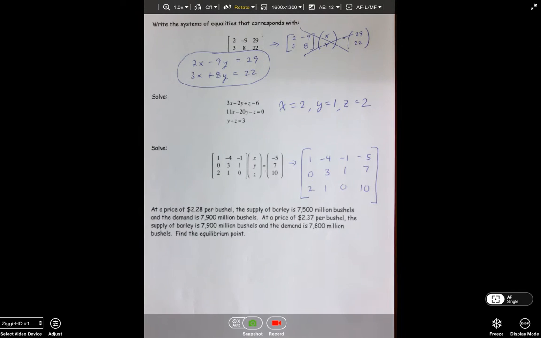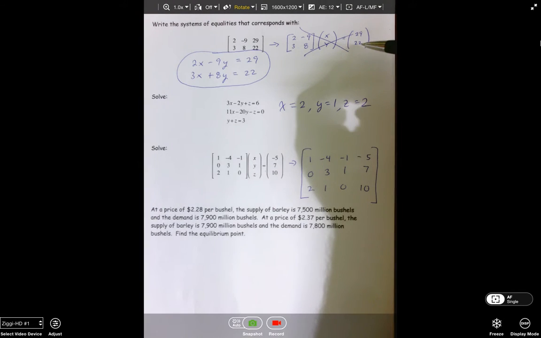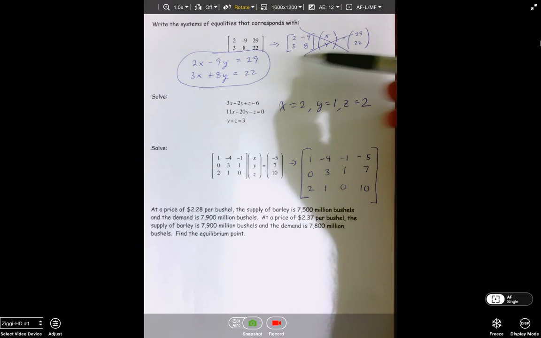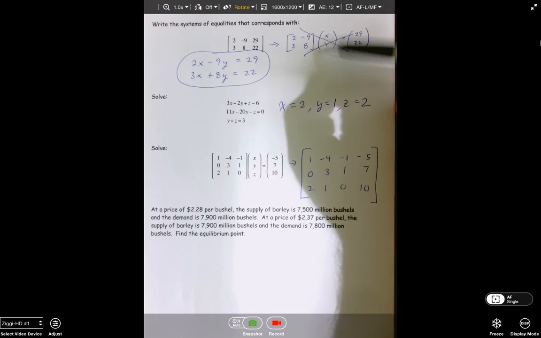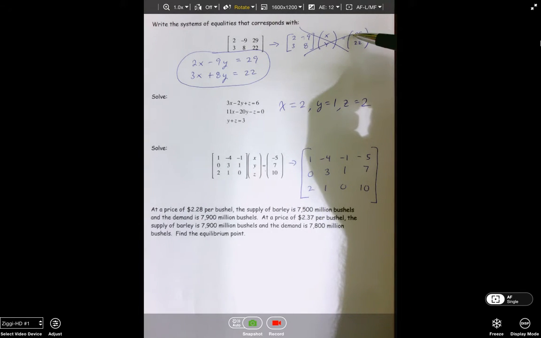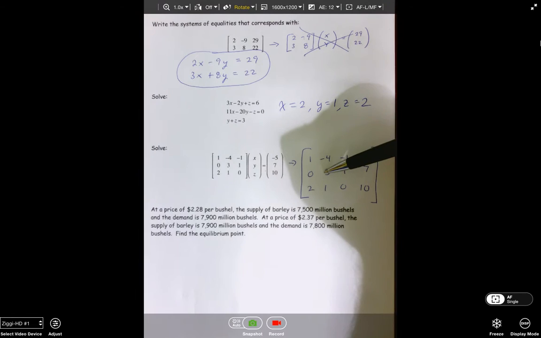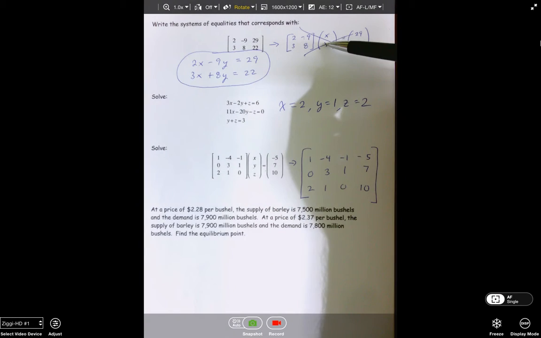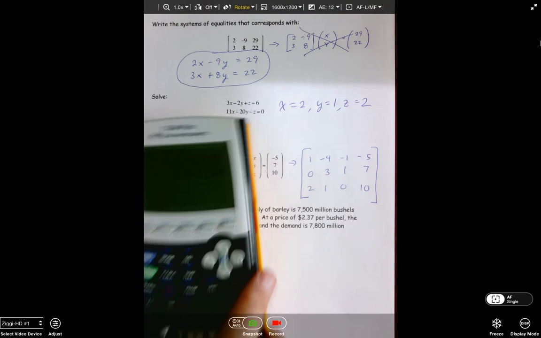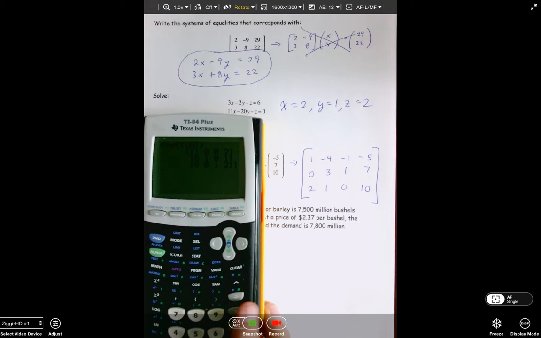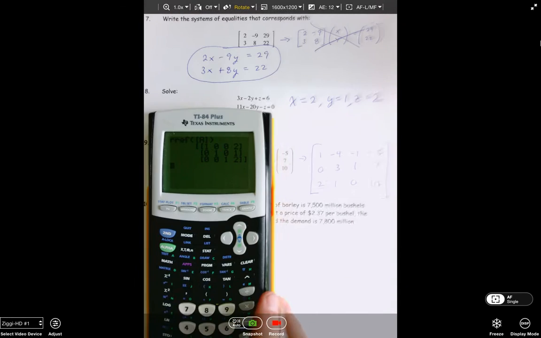Okay, so it's really just undoing what I created up here. I know the reason I did it up here because I knew this was coming. So again, as we've got our coefficient matrix, our variable matrix, our constant matrix, can always be either put into an augmented matrix, or we can start with an augmented matrix and create this. So guys, to solve this, it's going to be the same thing.